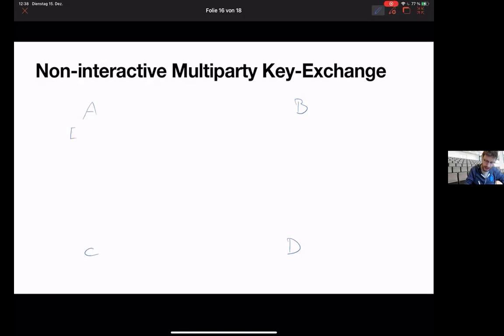So Alice outputs an element encoding a, where a is uniformly random in Z_p, Bob b, Charlie some lowercase c. Let's say Dora has a d. Now, the nice thing about these multilinear maps is that in this setting, these parties can come together and create ad hoc keys.